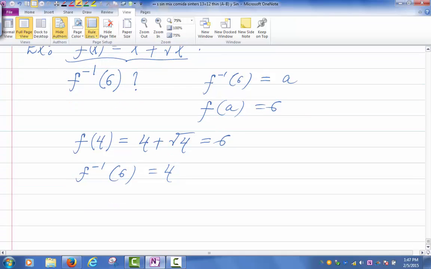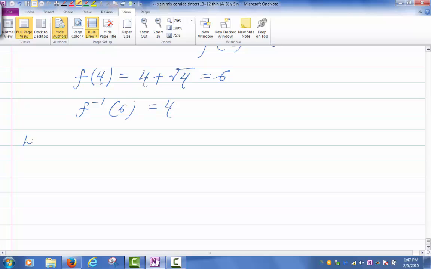Let's do one more example like this. Let's say I have h of x, which is 2x cubed plus 3x squared plus 7x plus 4.